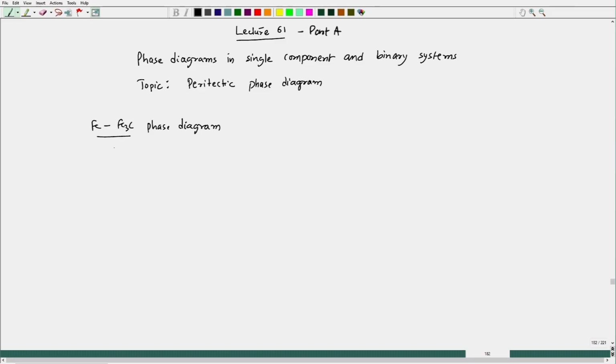We will plot temperature on the y axis, and the x axis is percentage of carbon, in weight percent, and the phase diagram looks typically like this. This is 6.67 weight percent carbon.